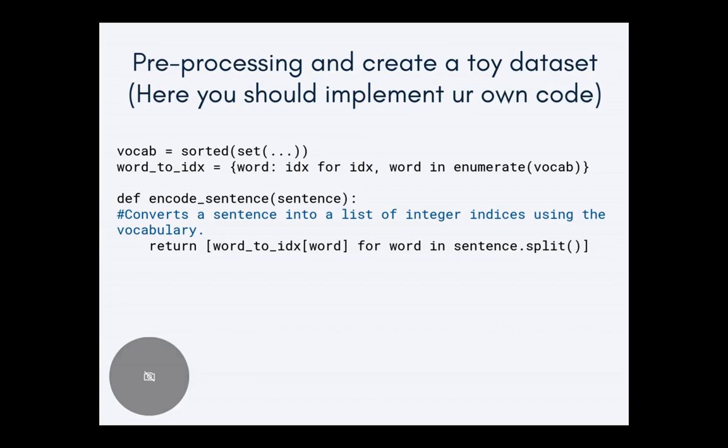We convert a sentence into a list of integer indices using this vocabulary. So just a very simple encode sentence function. I presume your code will be much more difficult than this one. With these kinds of models, you can have a lot of pre-processing steps available.